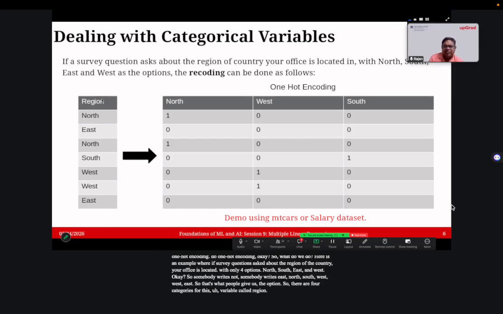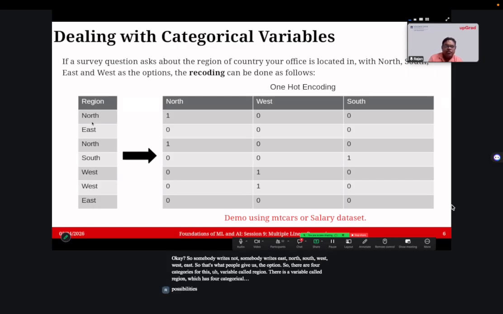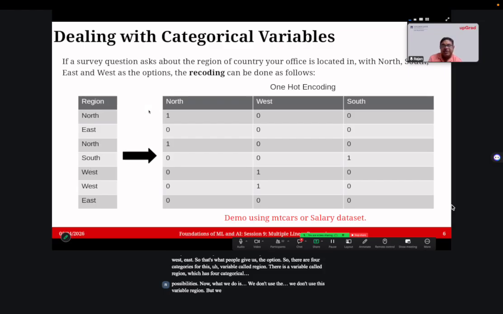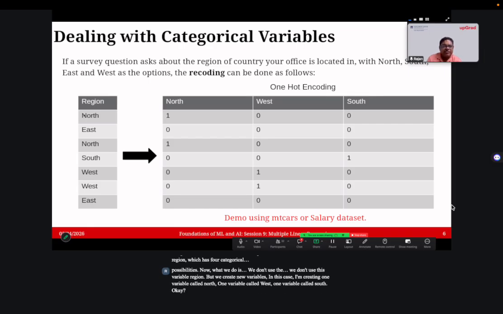There is a variable called region which has 4 categorical possibilities. We don't use this variable region, but we create new variables. In this case, I'm creating one variable called north, one called west, and one called south. When somebody is in the north region, the variable north gets 1 and the other 2 variables get 0.